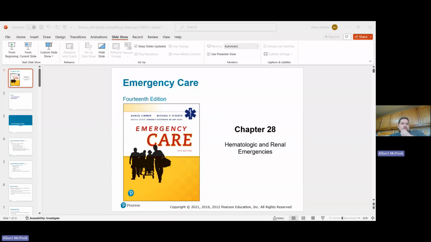So let's review our chapter. Blood delivers oxygen to the cells, removes carbon dioxide, controls bleeding by clotting. Blood consists of what? Of red blood cells, white blood cells, platelets, and plasma. Anemia is simply a deficiency of red blood cells in circulation.